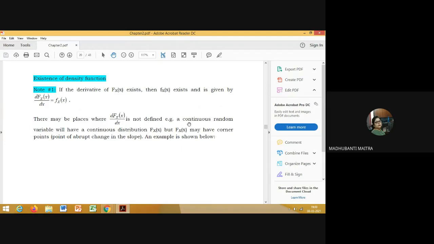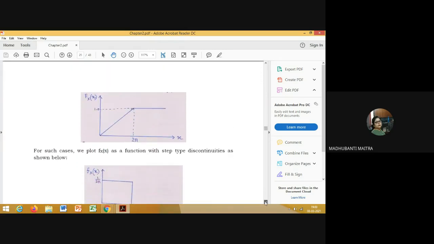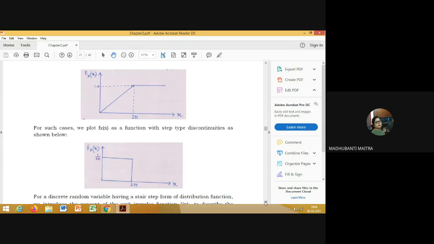For example, a continuous random variable will have a continuous distribution Fx, but Fx may have corner points, as we have seen, points of abrupt change in the slope. This is the example. So for such cases, we plot fx, the density function, as a function with step type discontinuities, as we have already seen.